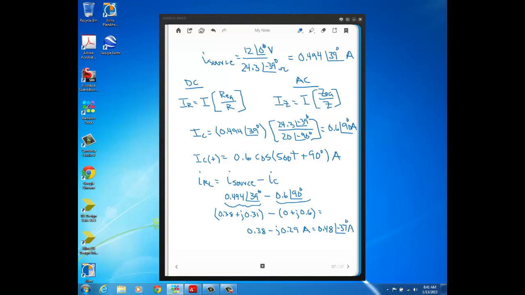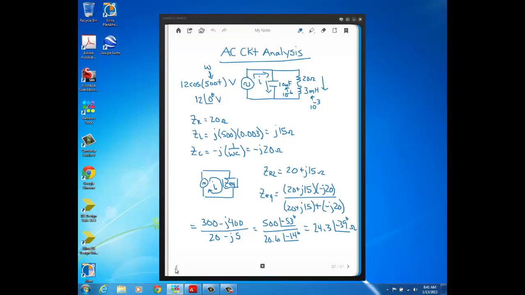And again, you could write this as a function of time by just putting in the cosine 500t. So IRL of t would just be 0.48 times cosine 500t minus 37 degrees amps. And you see we have all the currents now in this circuit. We have the source current, the capacitor current, and also the current through the resistor and inductor.